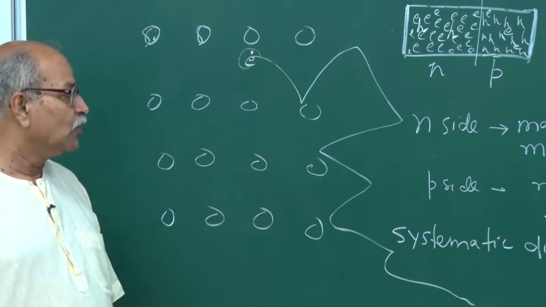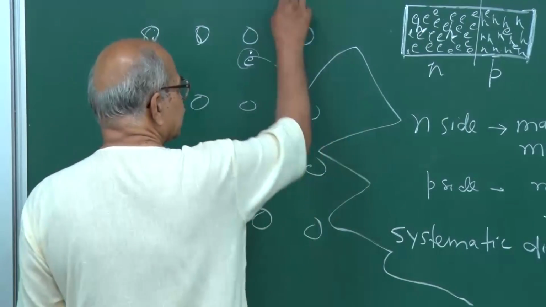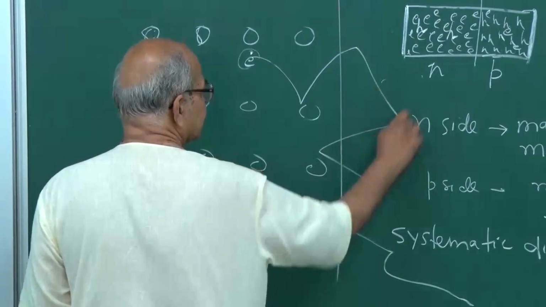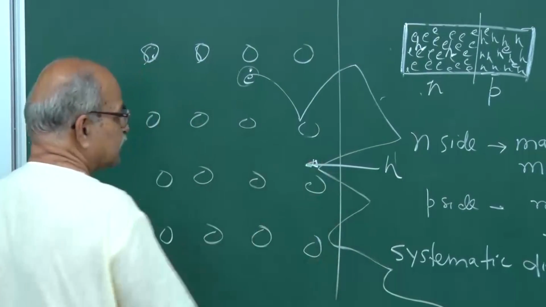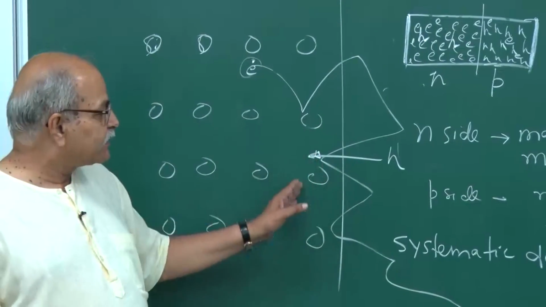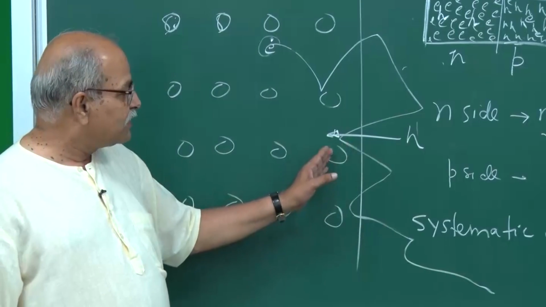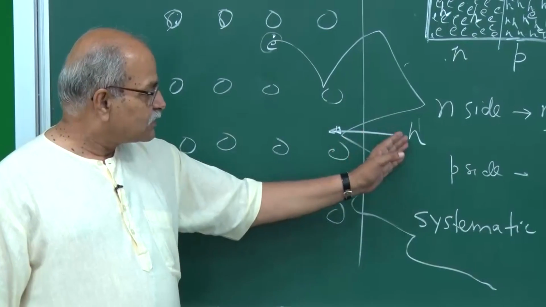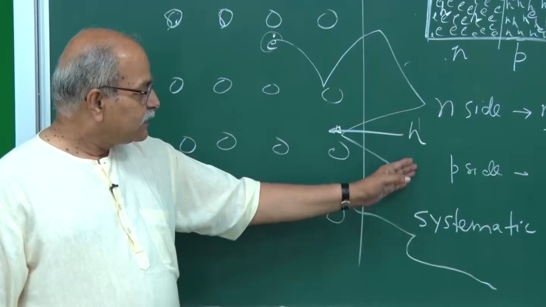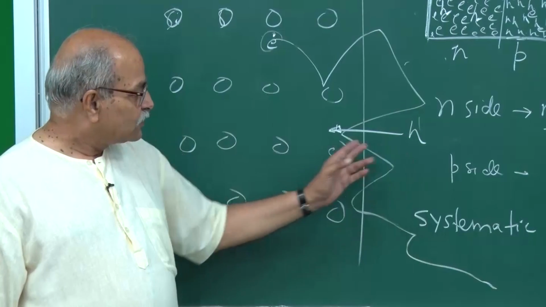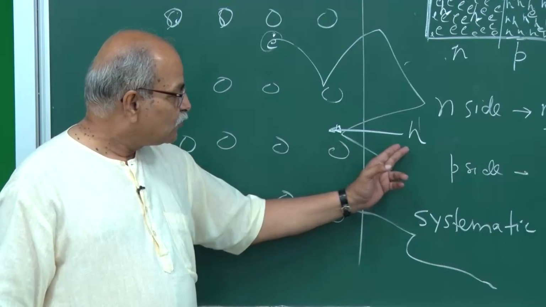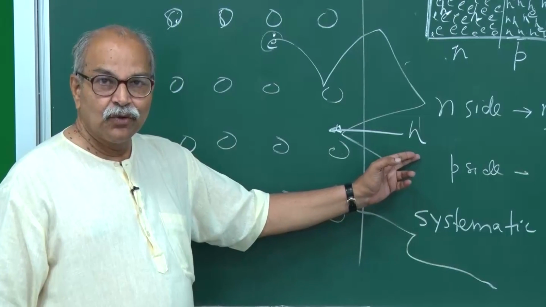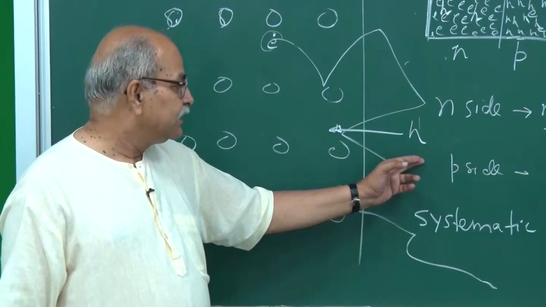And similarly holes, if you have a large number of holes here, some holes can diffuse to this side. Hole diffusion, you remember, the bonded electron breaks from here, and then there was already a hole here, a broken bond was here. So, a new bond is broken here, and the bonded electron goes there, and the hole is filled here.